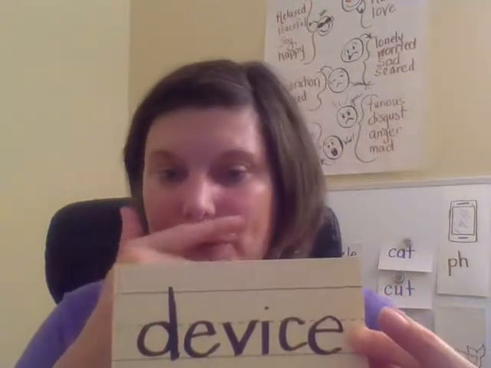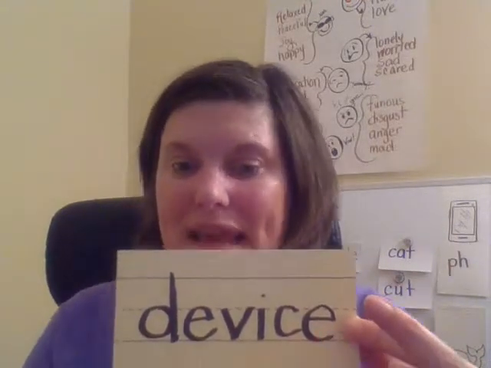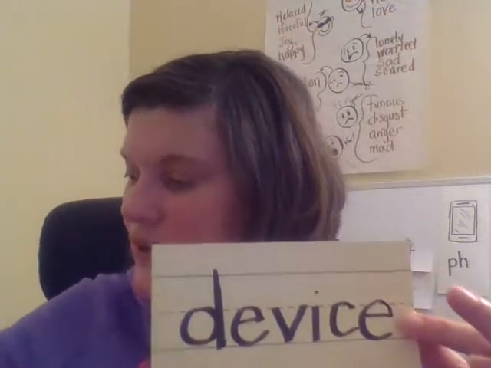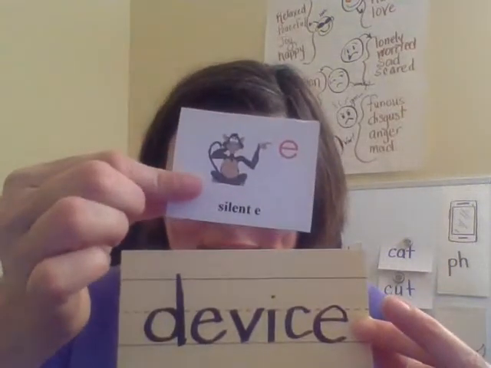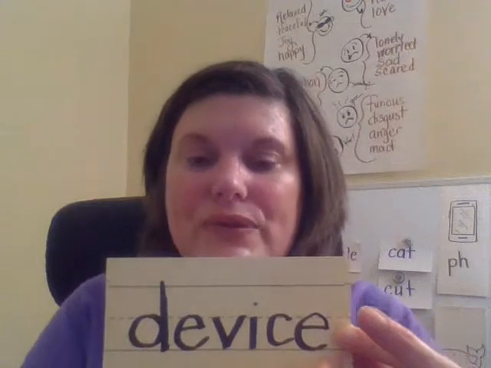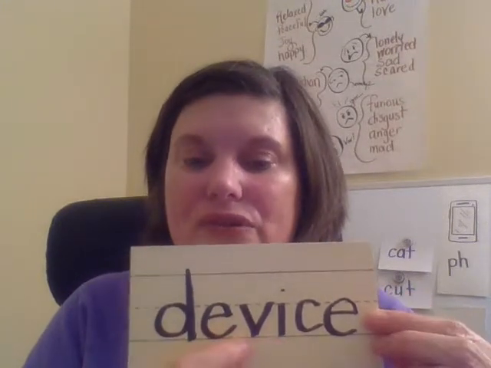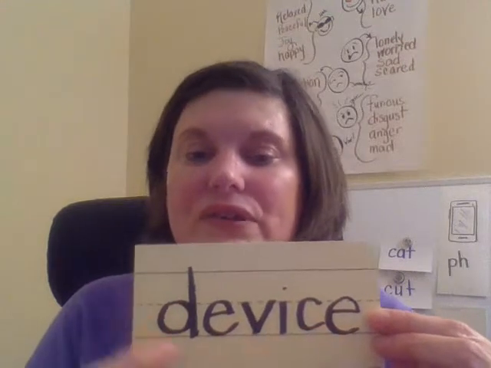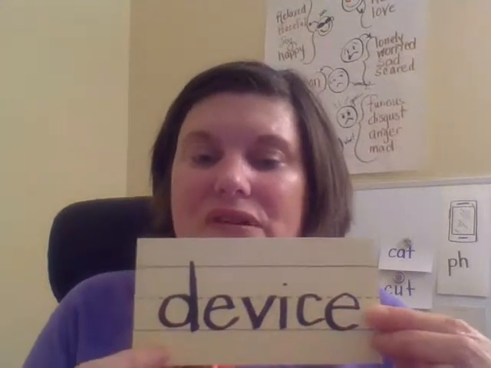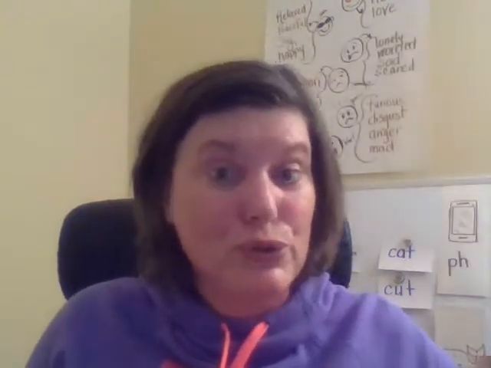So what syllable type is that when you see the E at the end? Very good. That is the silent E syllable type. So this E is helping the I make its long I sound. So this part is vice, device. I hope you do not play your device for too long each day.